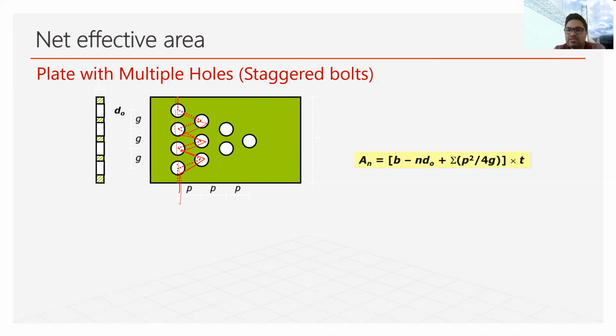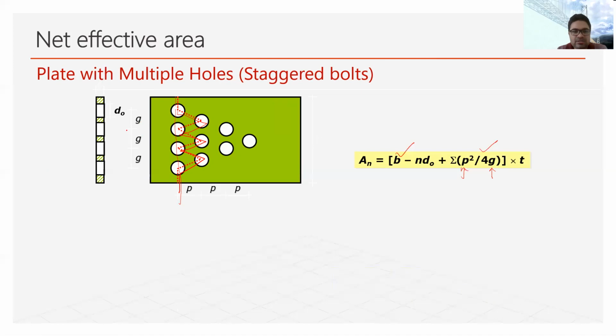For that, you can see the formula. B minus nD naught, where n is the number of holes and D naught is the hole diameter, and for every inclined plane, we add this part, P square by 4G. P is the pitch and G is the gauge distance.